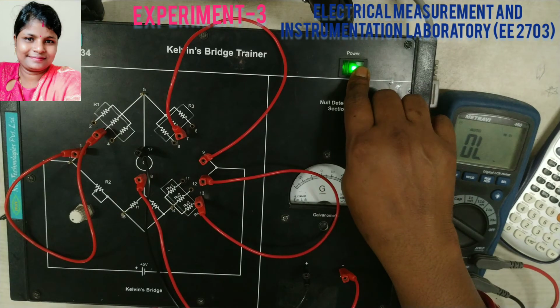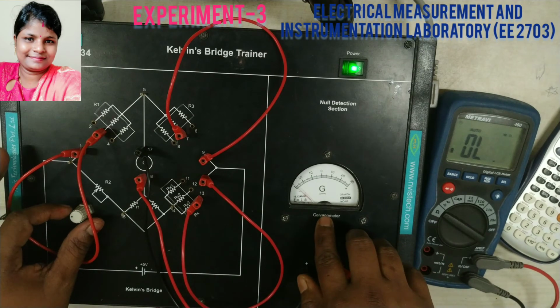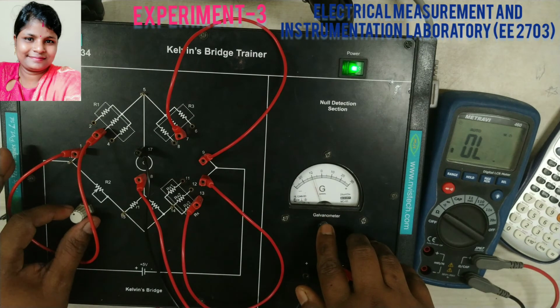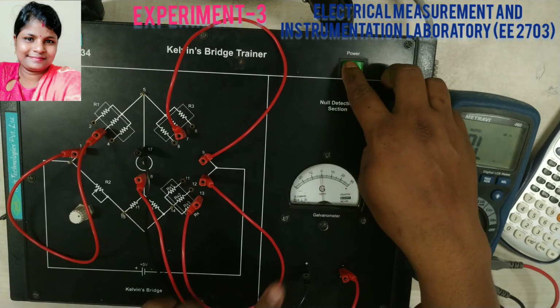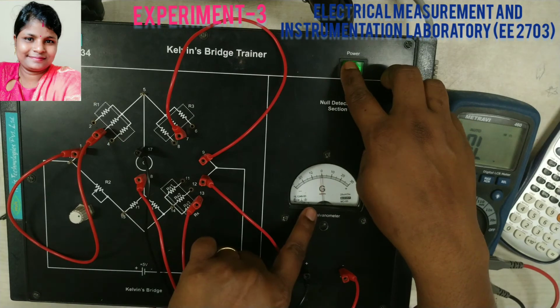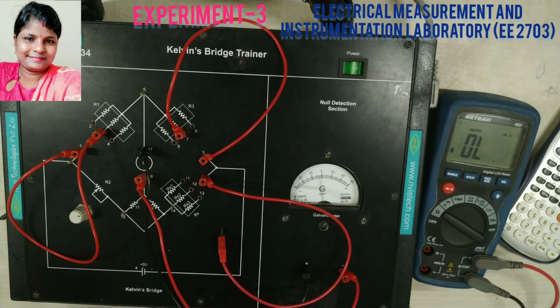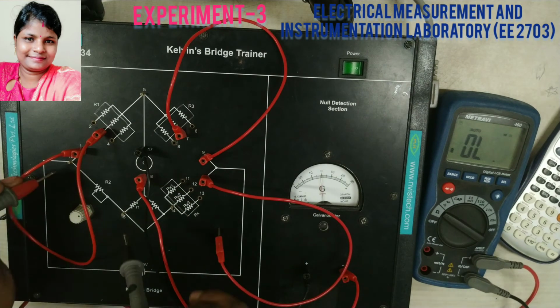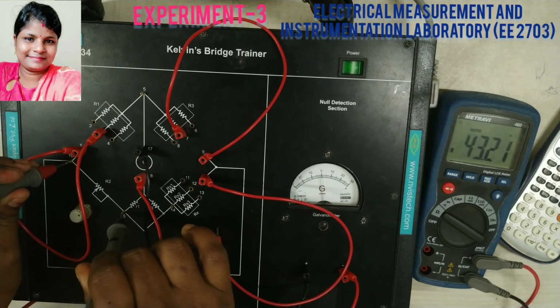So switch on the power and check the galvanometer deflection. So vary the potentiometer. Here the bridge is balanced because null deflection is given by the galvanometer. So switch off the power, disconnect the wire between 10 to 13 and take the multimeter between the terminals 15 and 16.